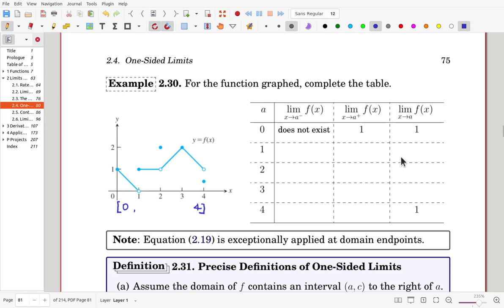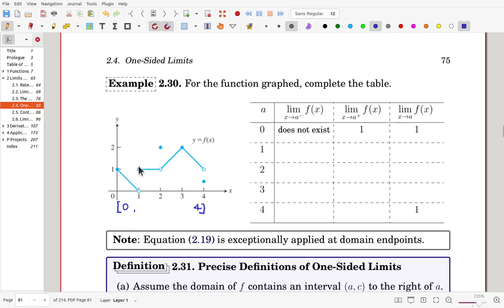So in this case we can say that the limit as x approaches 0 of f(x) equals 1, because the left side is out of the domain. So around the endpoint, we define the limit with only the one-sided limit.